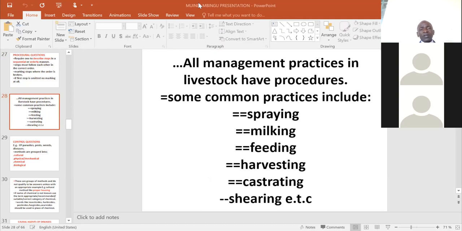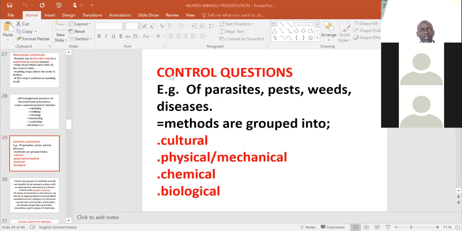There are questions on control measures. Control of parasites. Now, it is important for you to note that these control measures of parasites are categorized into cultural, physical, also referred to as mechanical, chemical, and biological.